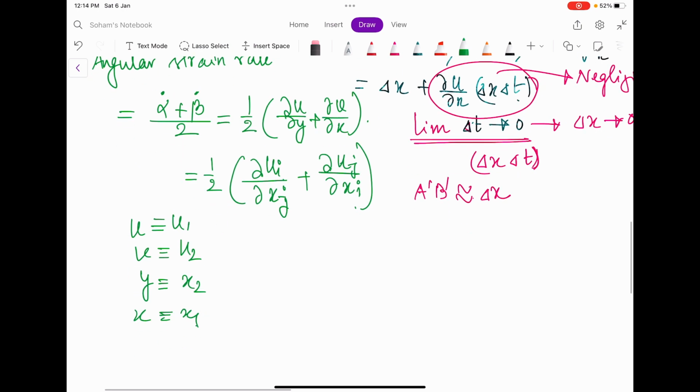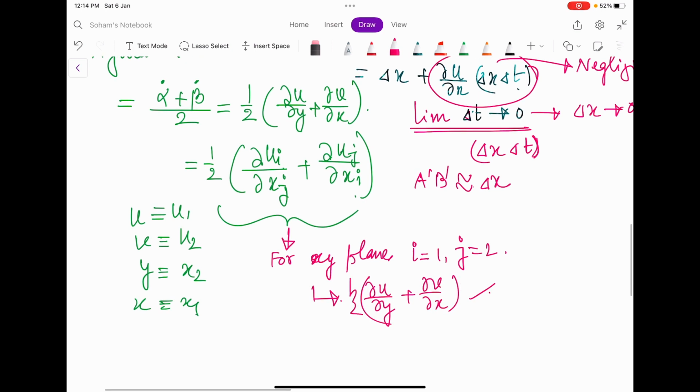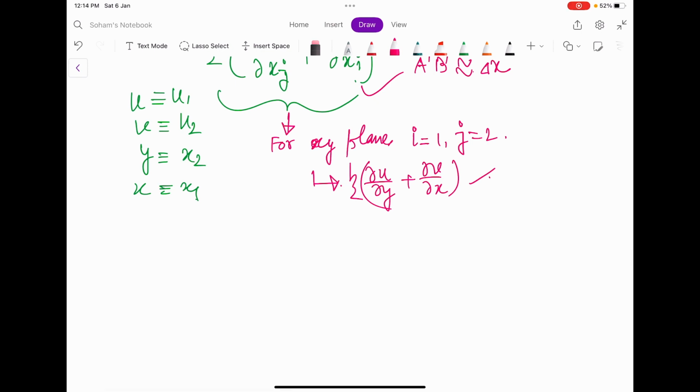Now for the xy plane, let me make it simpler: i equals 1 and j equals 2. This boils down to half into (del u by del y plus del v by del x). For maybe the yz plane, it will be different. So this was the angular strain rate.